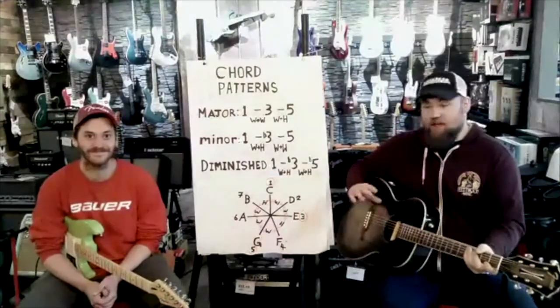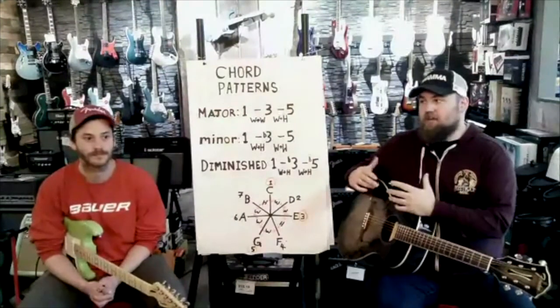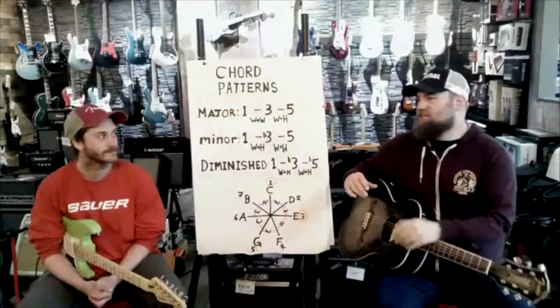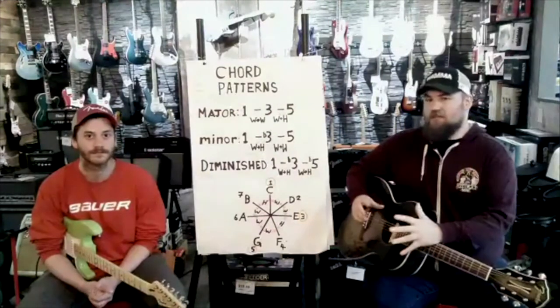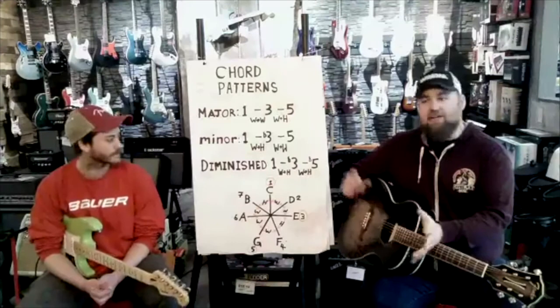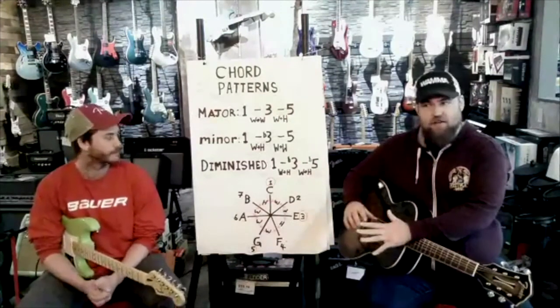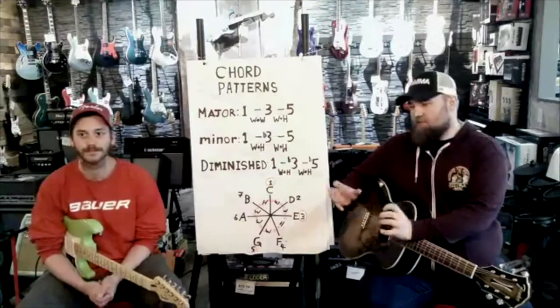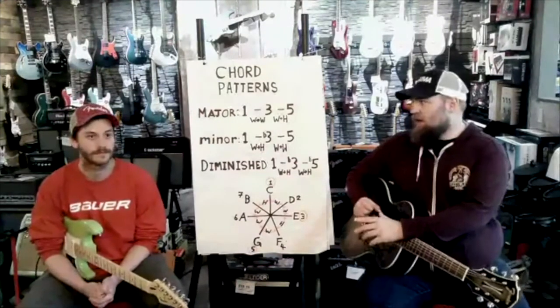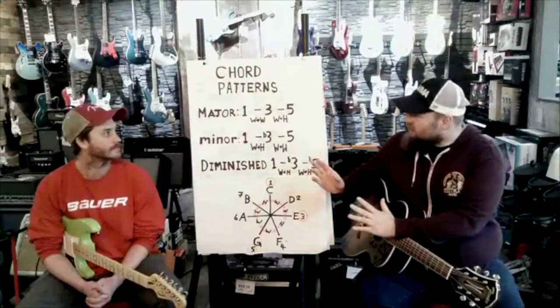Anyways, the last couple weeks we've been covering some pretty theory intensive stuff, learning about the notes on the note wheel, the 12 different chromatic notes, and how that translates into scales and how to put scales onto the fretboard. And now we're going to focus it even more into chord patterns.